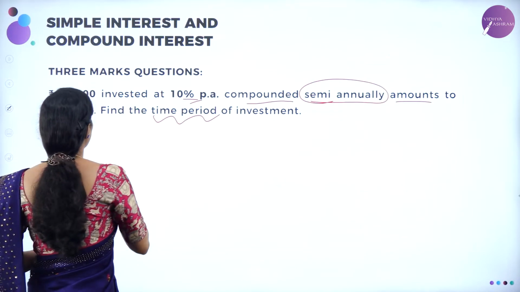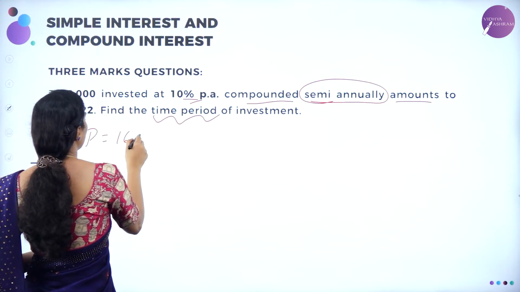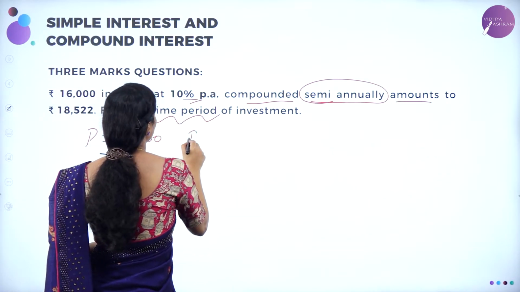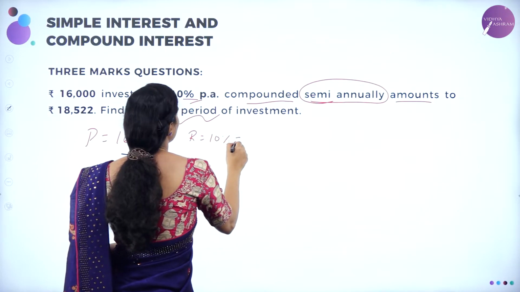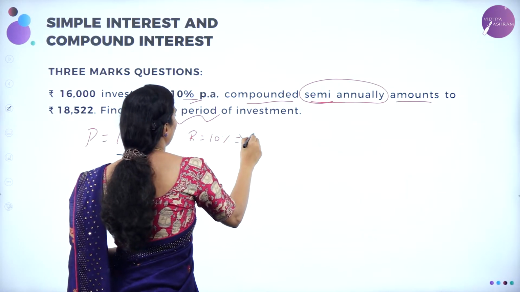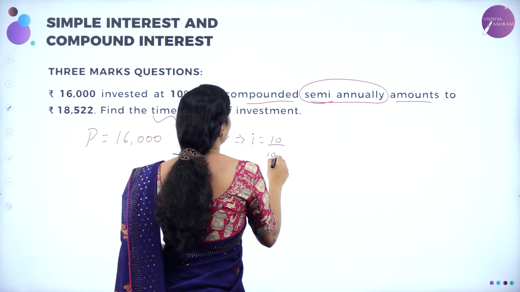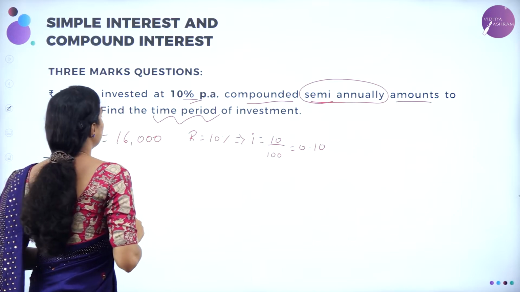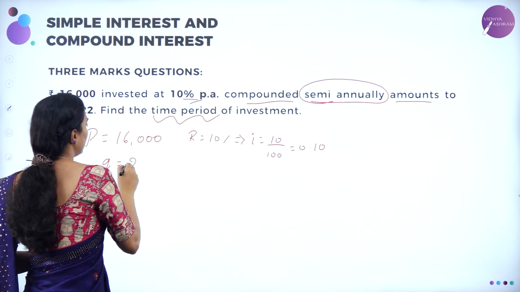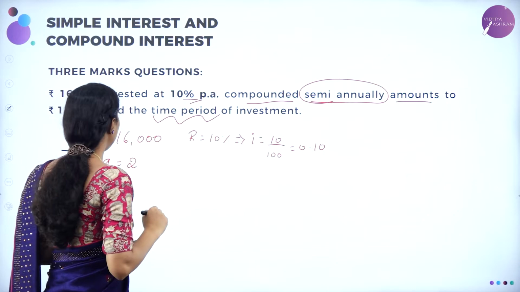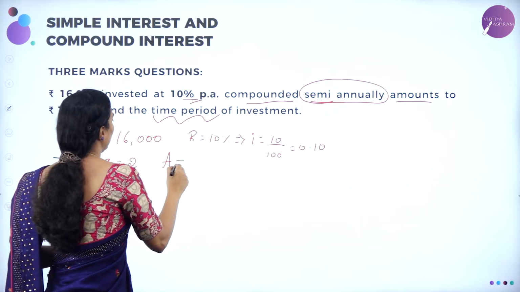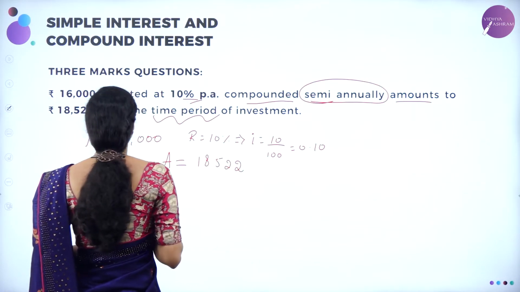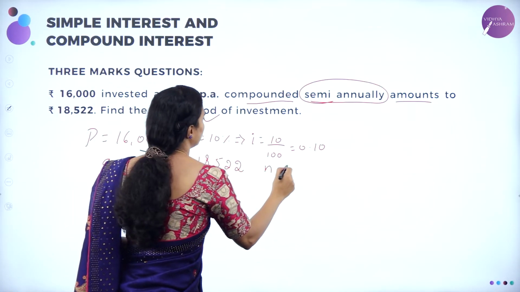So they have given P is equal to 16,000, and R is equal to 10%, which can be written as I is equal to 10 divided by 100, which is 0.10. So next, semi means Q is equal to 2, half yearly, and A is equal to 18,522. Correct? Find time period means N is equal to question mark.